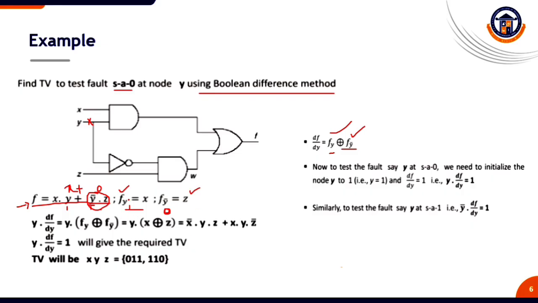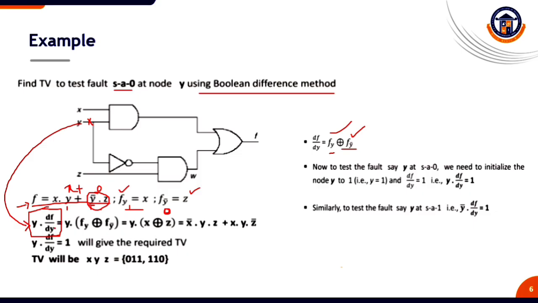Now substitute both values in our Boolean difference equation. Our main objective of this question is to find the test vector if this y line is affected by stuck-at-0, so we follow the expression like this.